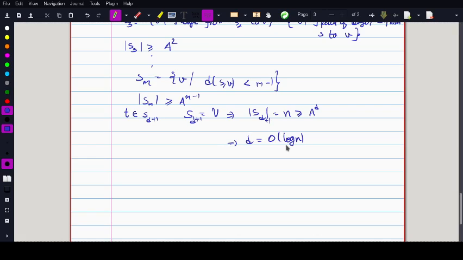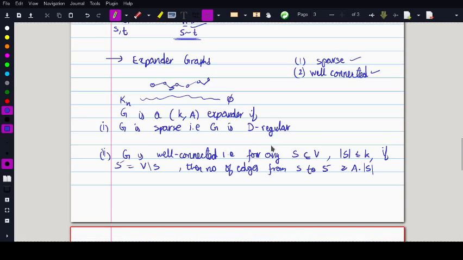So you see that the diameter is actually logarithmic in the number of vertices, which is a good property to have, as we saw earlier. So we showed that the diameter of an expander graph is always logarithmic.